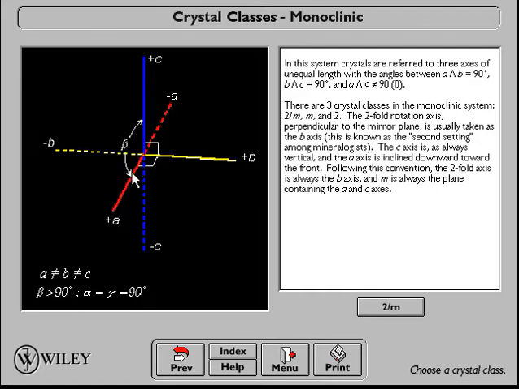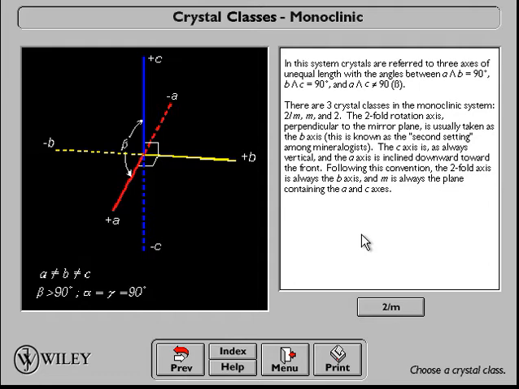Yeah? So there are 3 crystal classes in the monoclinic system. We have 2 over M, we have M and 2. So 2 stands for the two-fold rotation axis perpendicular to the mirror plane, which is usually taken as the B-axis. This is known as the second setting among mineralogists.